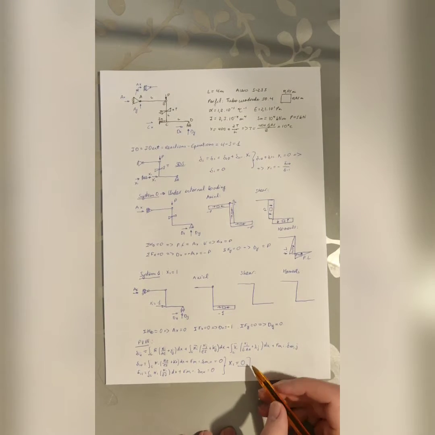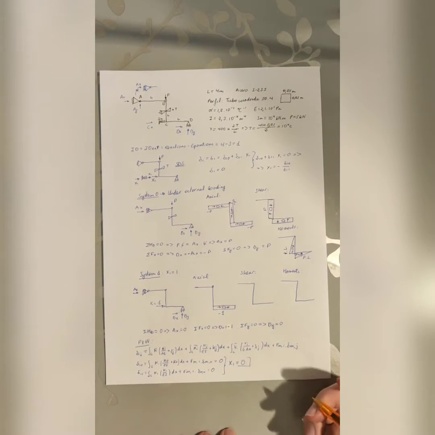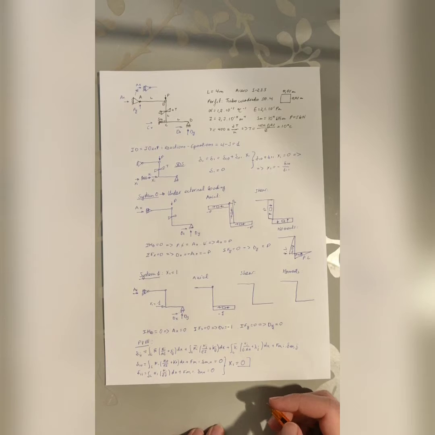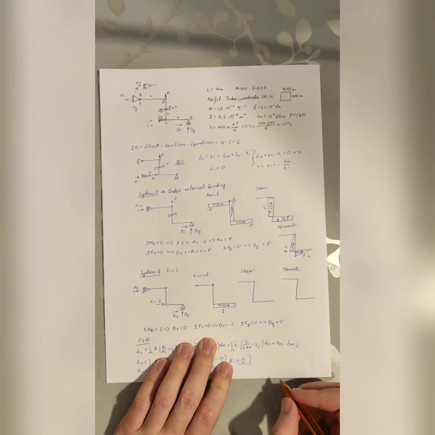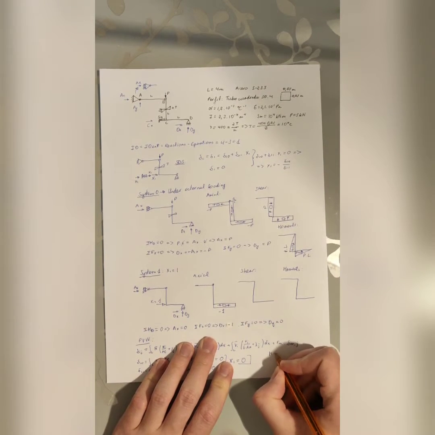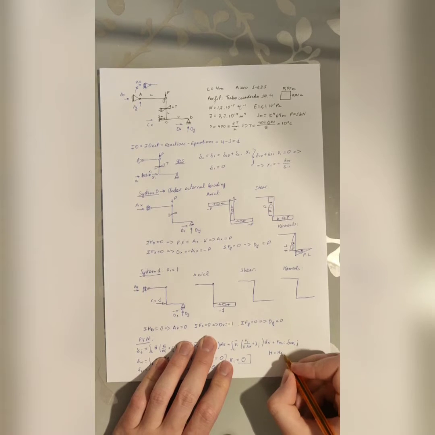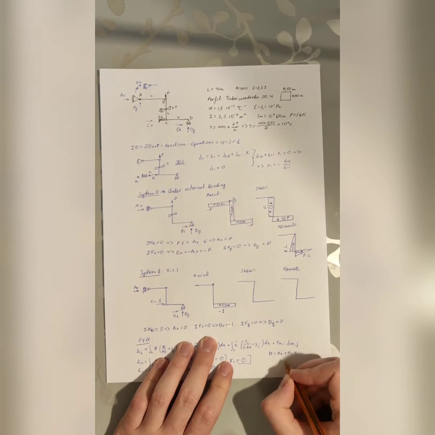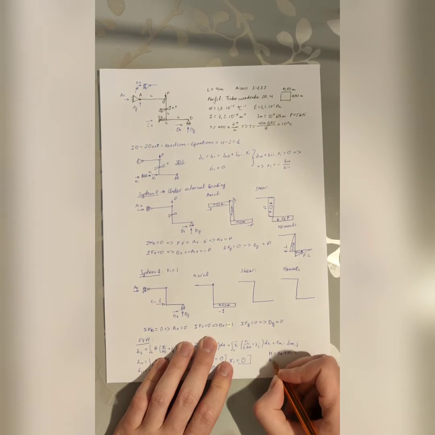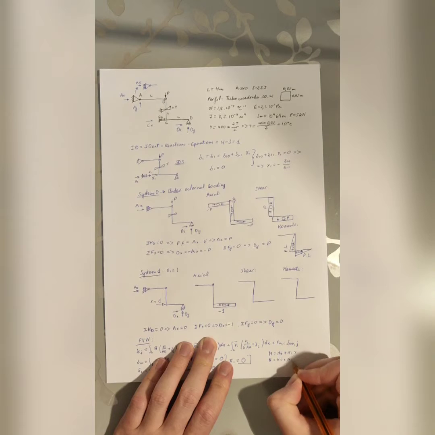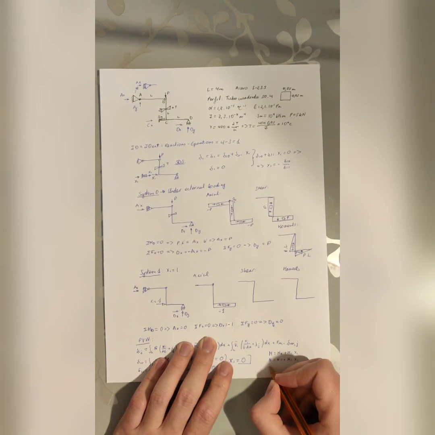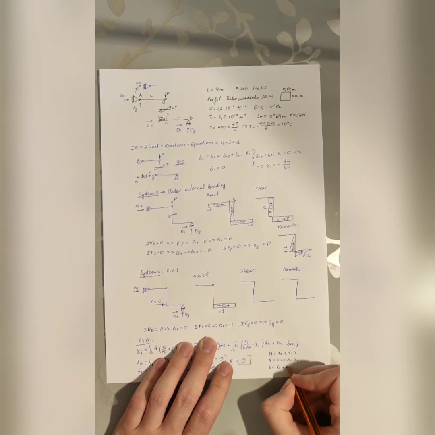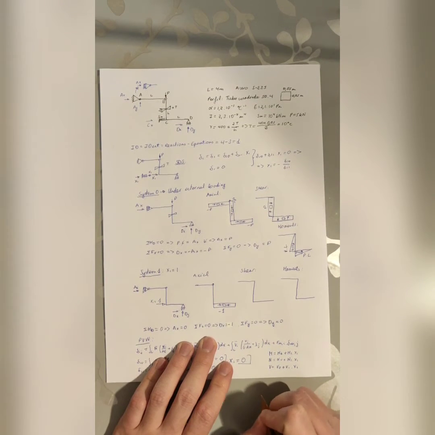Now that we have calculated this reaction, we can know our real determinate system, which can be calculated as M0 plus M1 by x1 for the moments, N equals N0 plus N1 by x1, and V for the shear, V0 plus V1 by x1.